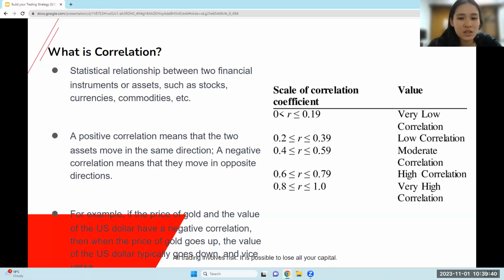So the perfect positive correlation is +1 and a perfect negative correlation is -1. In order for it to be considered strong correlation, we look for values of 0.8 and above or below -0.8. So basically 80%.